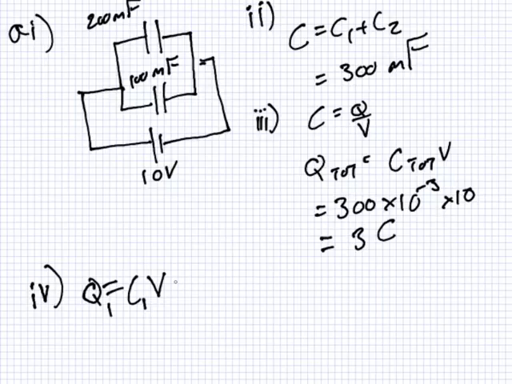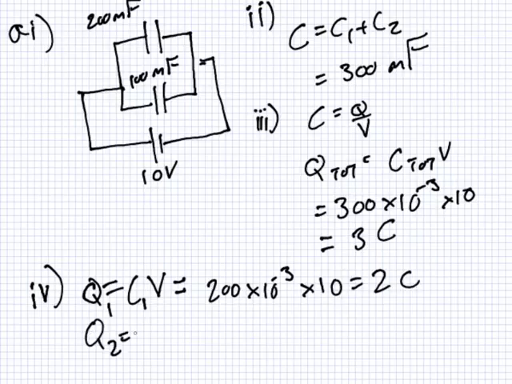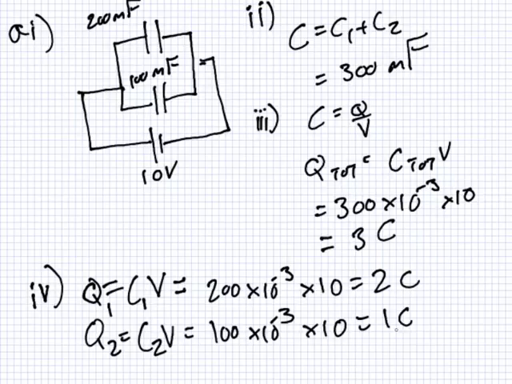So Q1, 200 times 10 to the minus 3 times 10, which is 2 coulombs, and Q2, which is C2V, which is 100 times 10 to the minus 3 times 10, which is 1 coulomb, which isn't a surprise because together they make the total of 3.